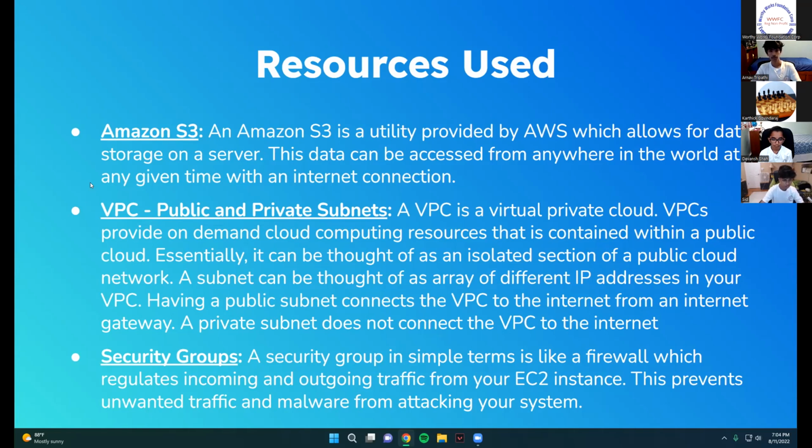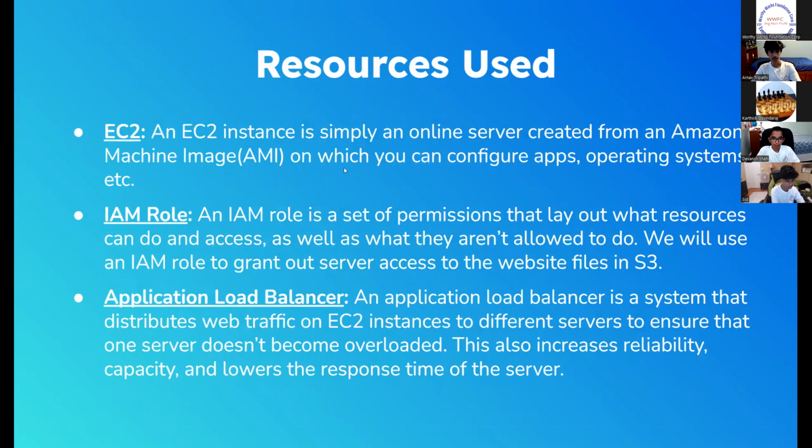By traffic, I mean people accessing your website or anything that's running on your server. Having a security group manages that traffic. So for example, if there are malicious people trying to hack whatever is on your server, a security group will be able to prevent that.